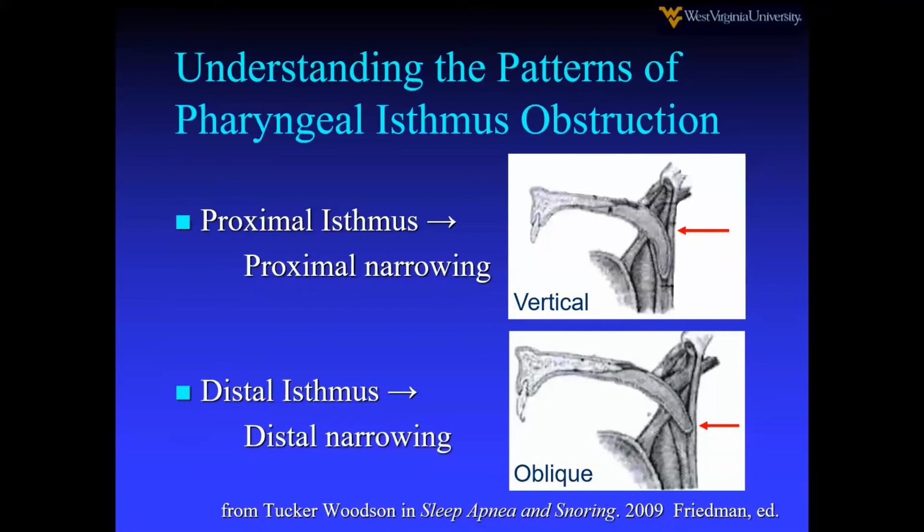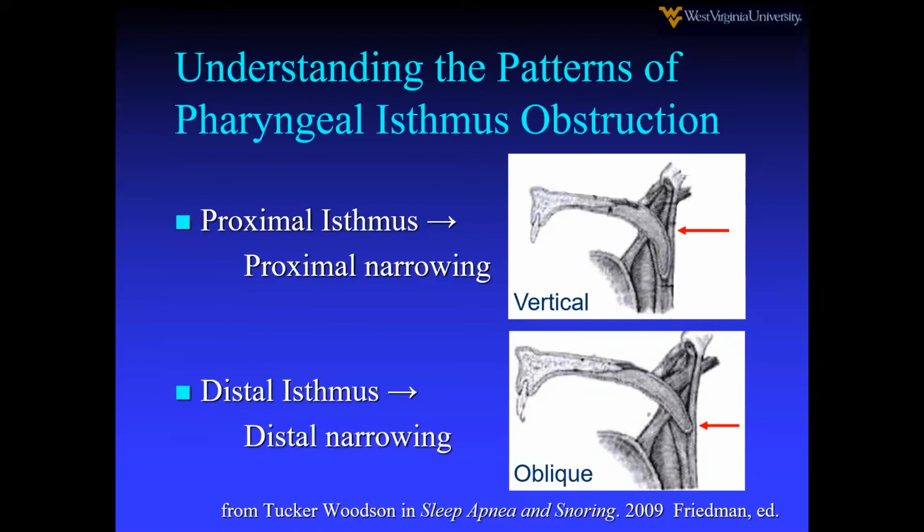Now, this is a diagram from Tucker Woodson talking about transpalatal advancement. And if you have a palate that drops straight down, shortening it with a traditional UPPP is going to leave the patient with persistent obstructive sleep apnea.